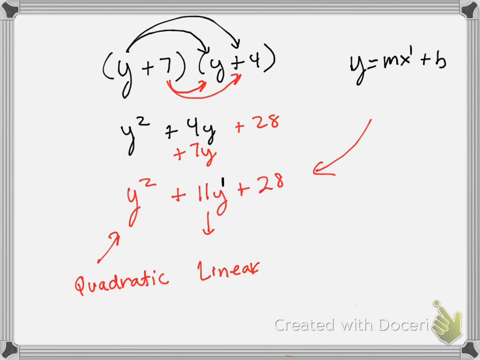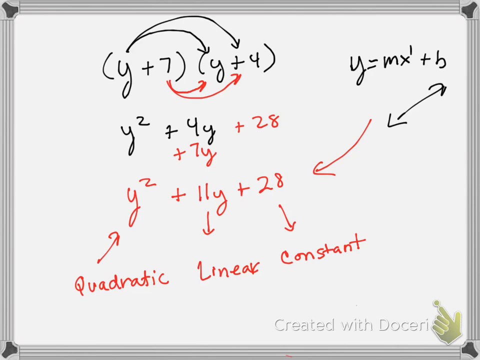We didn't write it, and it created a line. In this case, the second term is to the first power. We don't write the 1, but it's there. And then the last term, when we multiply a number times a number, what's this called? Constant. A constant term. So I need you to know that terminology, the quadratic, the linear, and the constant.